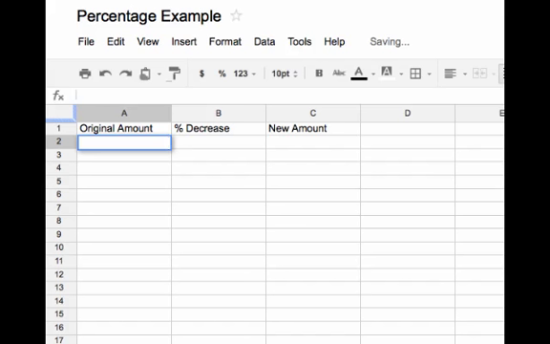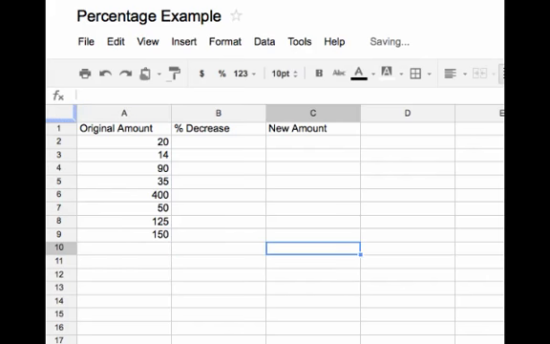So real quick, I'm going to create that table: original amount, percentage decrease, and the new amount. And so we have our numbers. 35. Quickly we're going to populate this with all of our information. And finally 150.